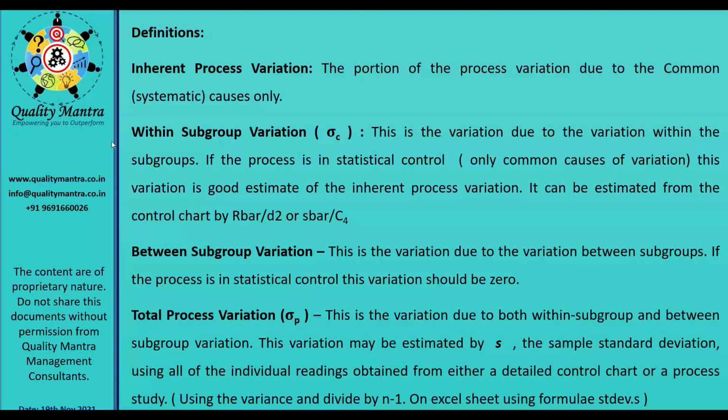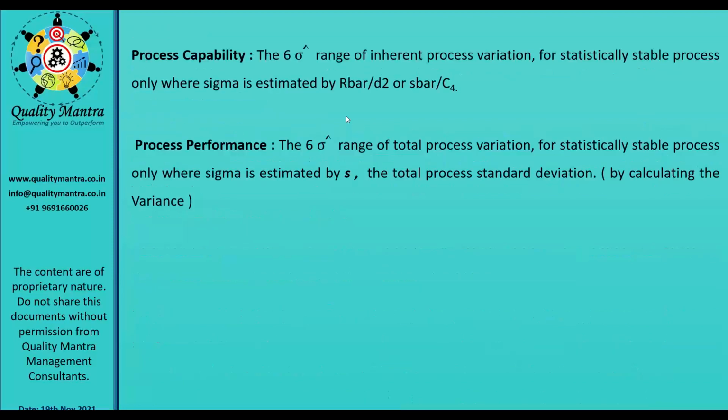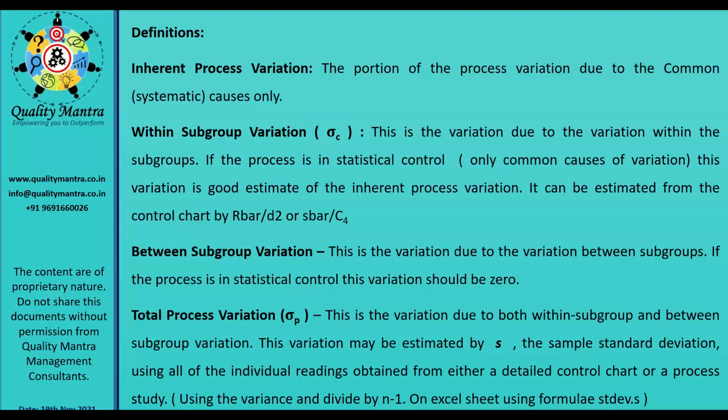You cannot calculate your process capability without preparing the control charts, or at least without gathering the data as is required for preparing the control chart. Unless you have the R bar data or S bar data, you will not be able to calculate the capability. You cannot calculate the capability from the Excel directly.